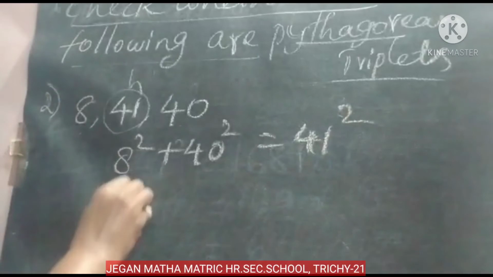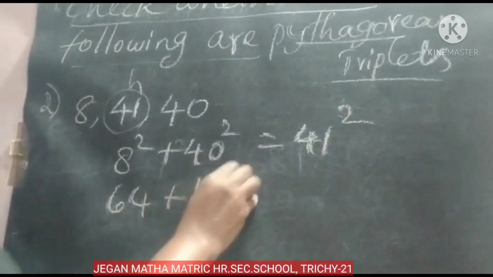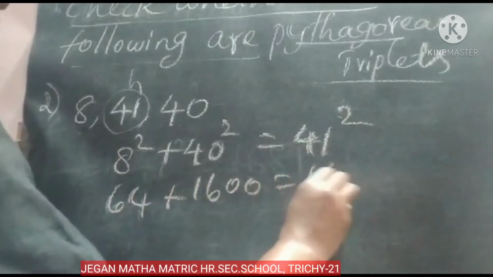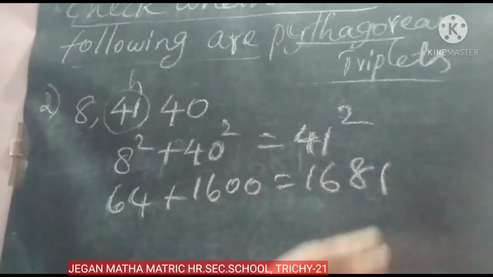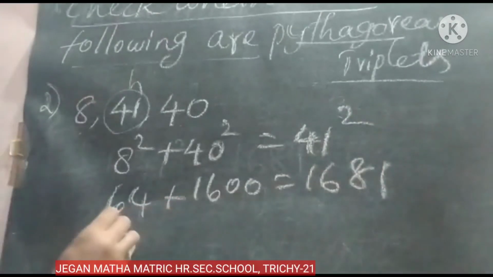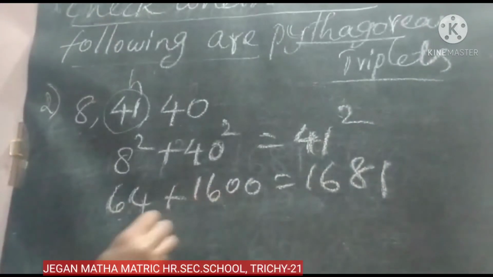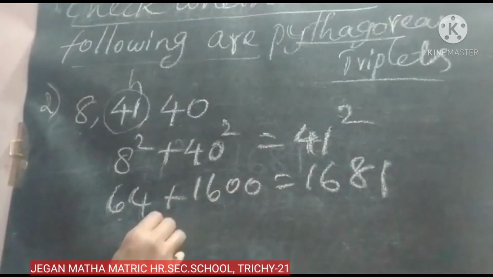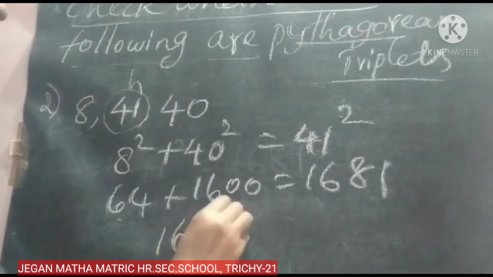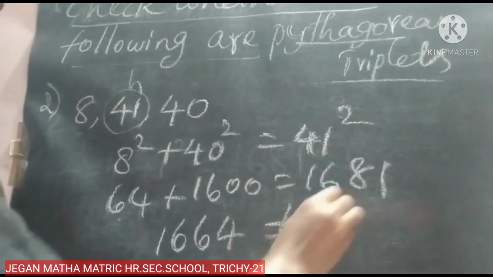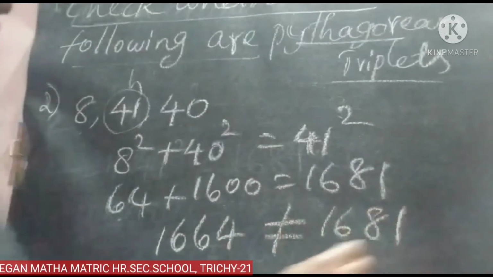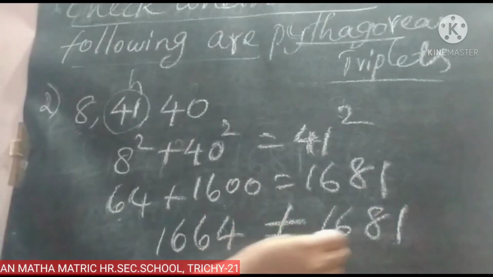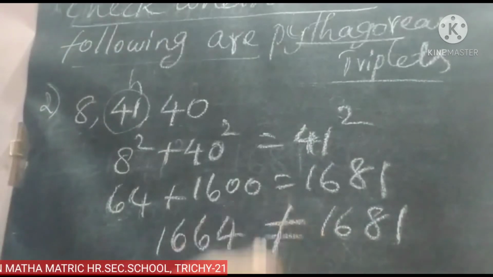That is 64 plus 1600 equal to 1681. You add these two numbers, 64 and 1600, and get 1664 only, which is not equal to 1681. So LHS is not equal to RHS.